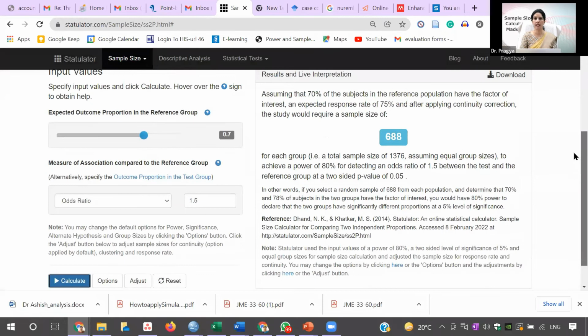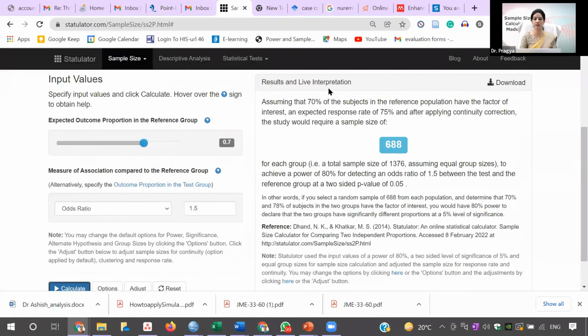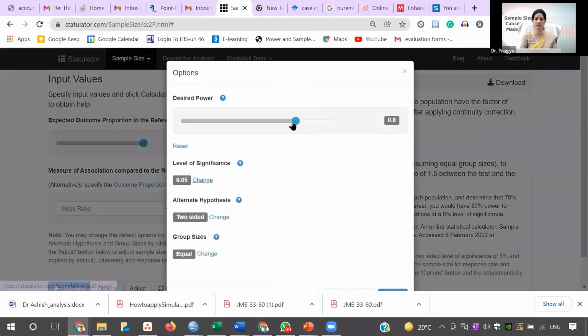And after calculating, do see the description. It is writing that 70% of the subjects in the reference population have the factor of interest and expected response rate of 75%. After applying the continuity correction, the study would require 688 in each group, a total sample size of 1376 to achieve a power of 80%. Again, it is 80%, so you can increase it. It comes back again to 0.9.